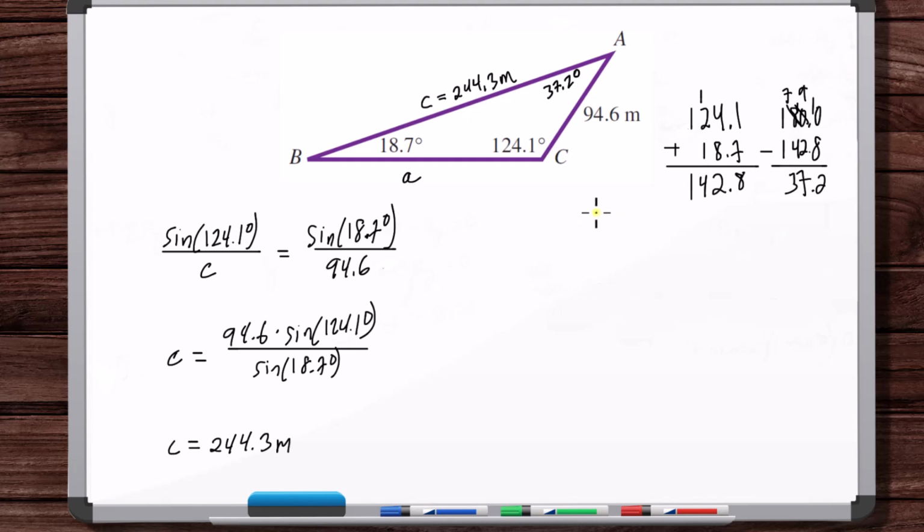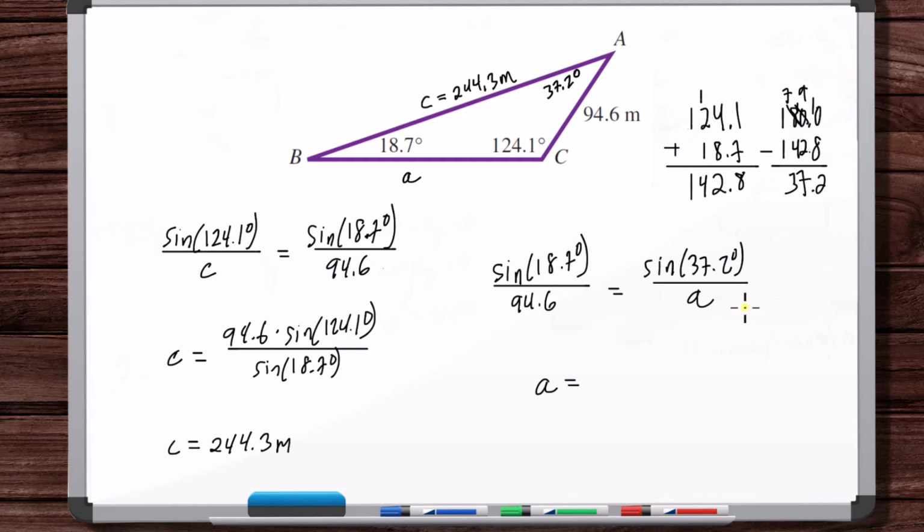Okay. Now, again, to get A, let's use what we're given. We'd rather do that if we can have a choice, but it's not that big of a deal if you use this, but it's just good practice. Okay, so sine of 18.7 degrees over 94.6 is equal to sine of 37.2 degrees over A. So now let's do this cross multiplication and division in our head.